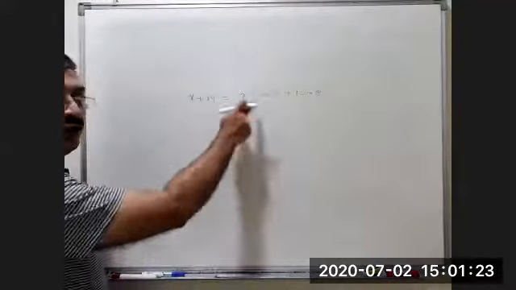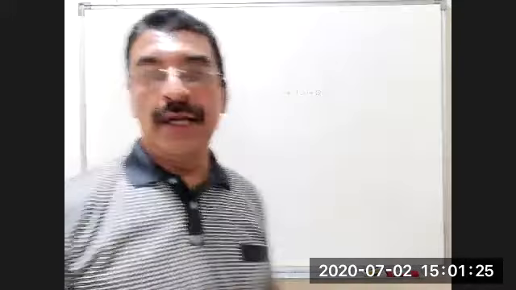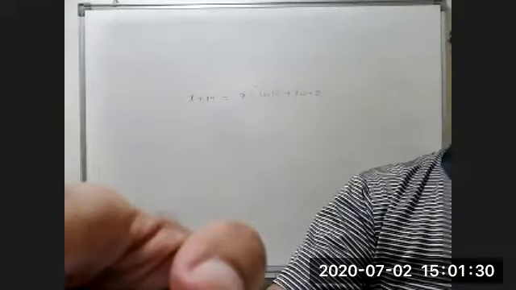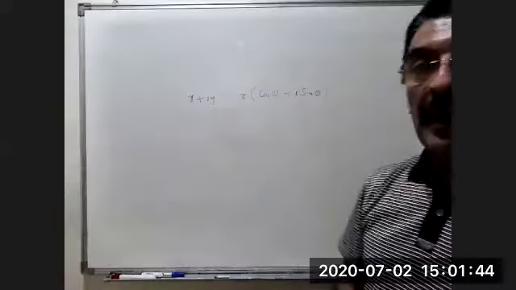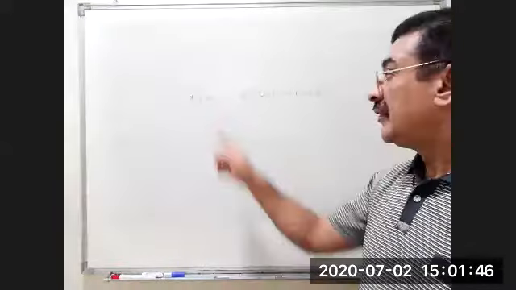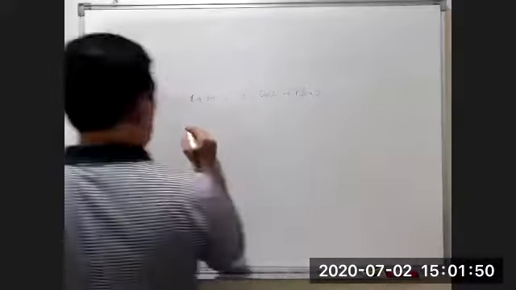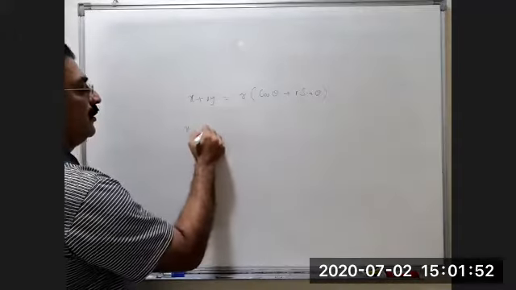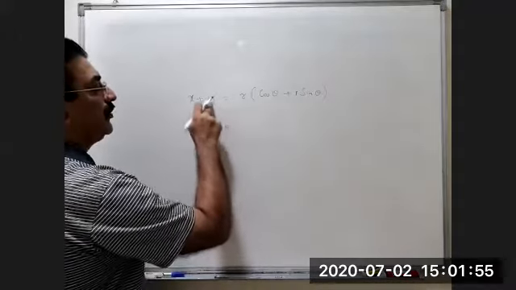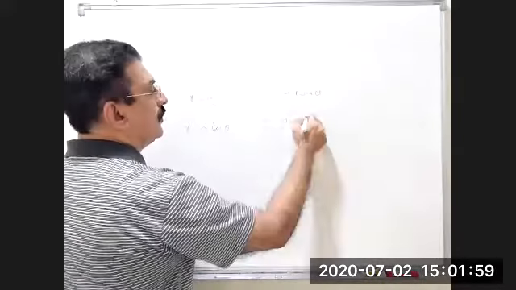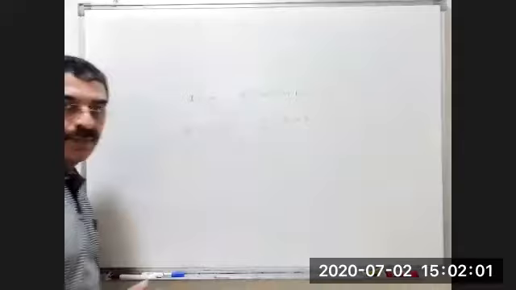When we equate real part and imaginary part, we can see the real part x is equal to r cos theta. Similarly, the imaginary part y is r sin theta.